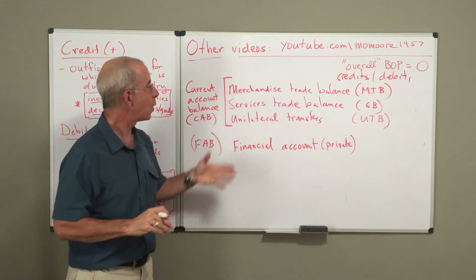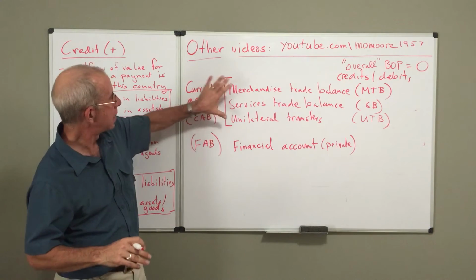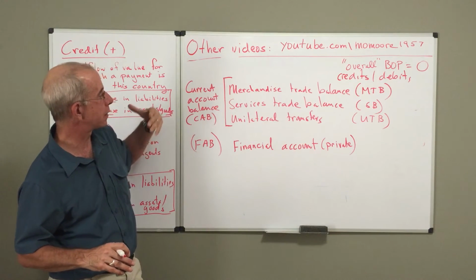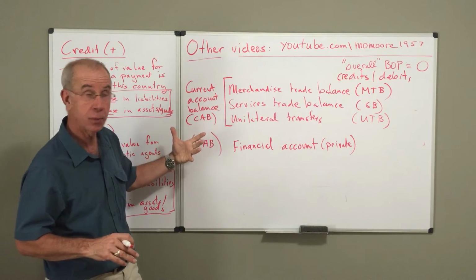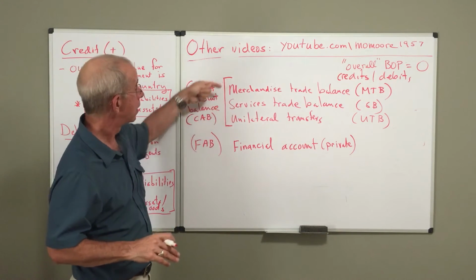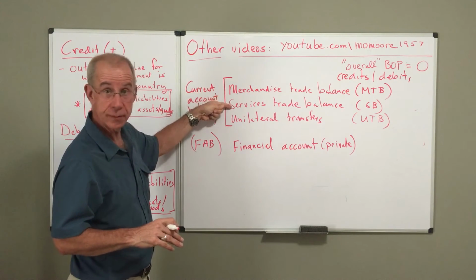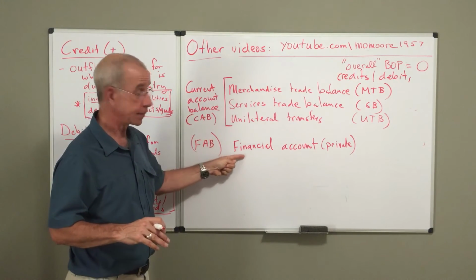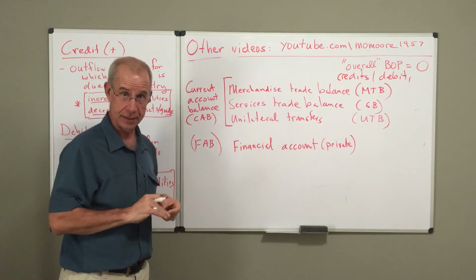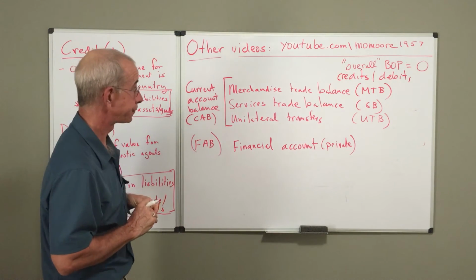Now, one thing to keep in mind is that in terms of the mechanics of double entry bookkeeping, the payment for the goods or services will typically be in the financial account. And again, I'm going to have an example for that in just a little bit.